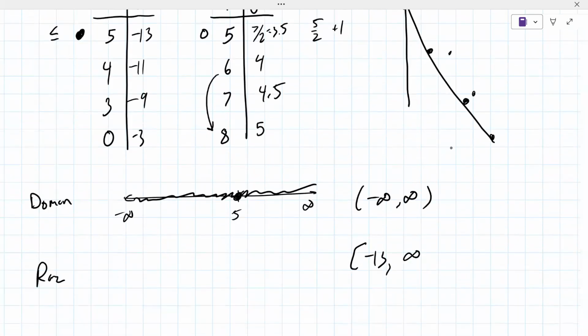So it goes to infinity. Got it. That's probably the most difficult one, in my opinion. The other ones are kind of more straightforward.